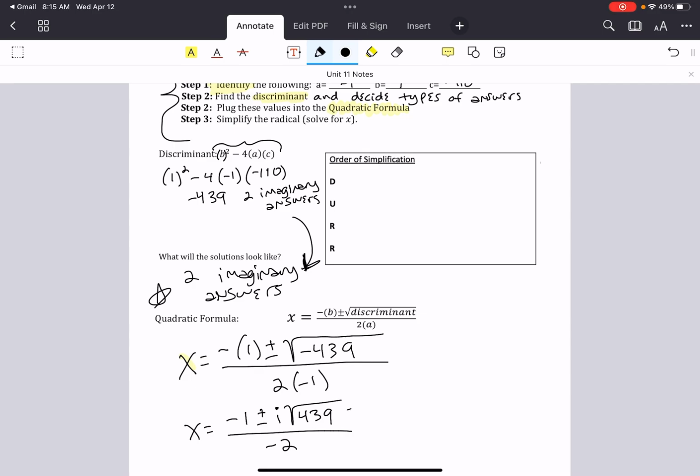All right, let's start trying to simplify that 439. Maybe it's prime, that'd be sweet. Not 3. Anybody find anything?